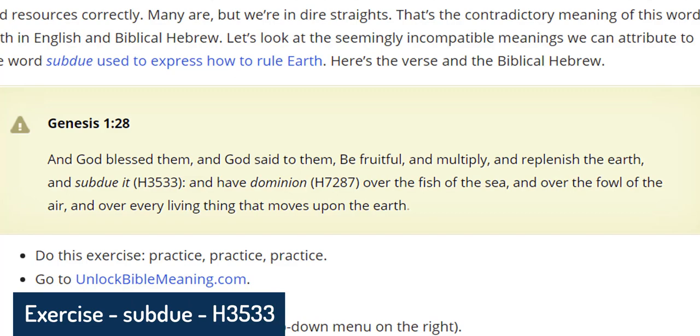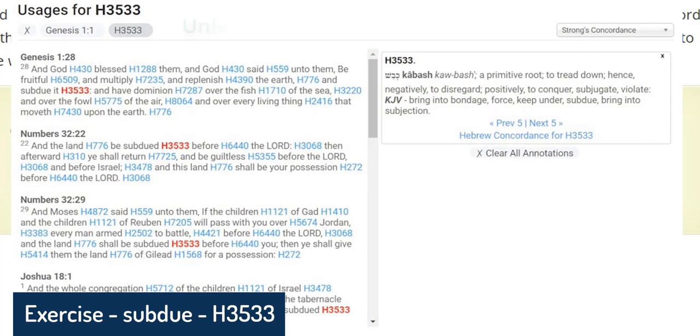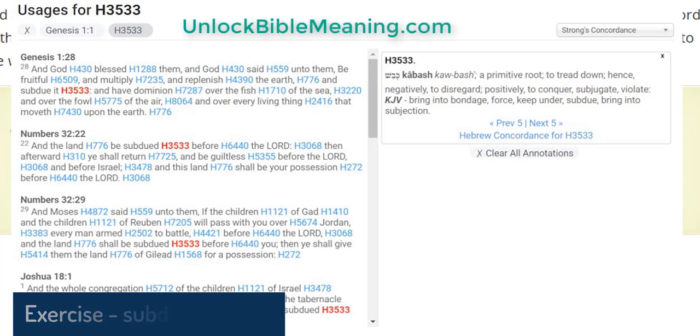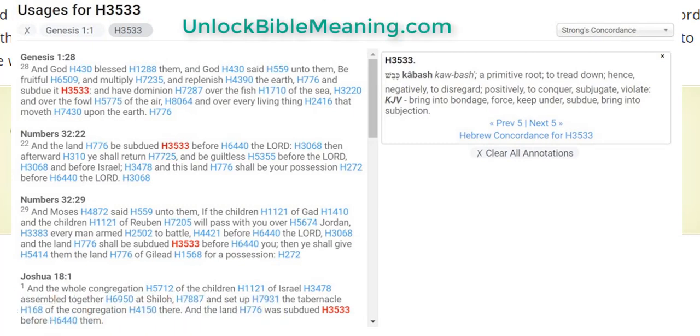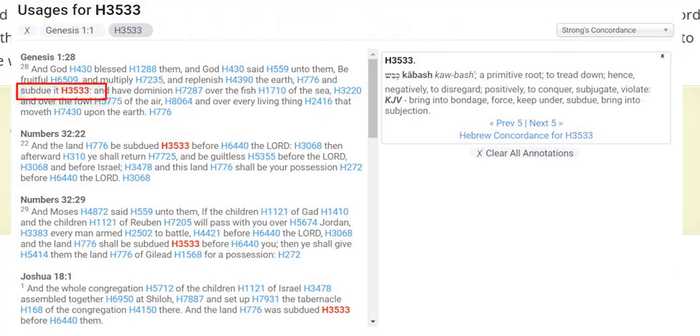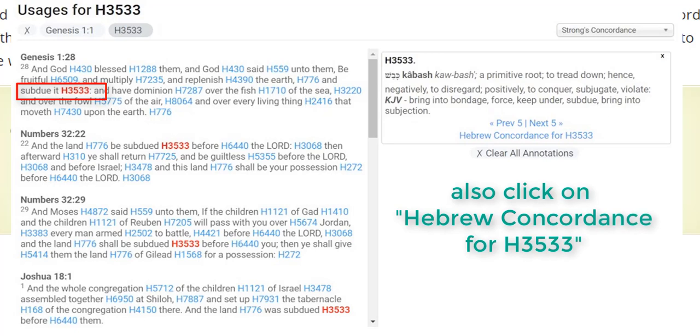Do this exercise. Practice, practice, practice. Go to unlockbiblemeaning.com. You'll already be in Genesis 1. Switch to Strong's Concordance, the drop-down menu on the right. Click on H3533 to the right of subdue in Genesis 1, verse 28.